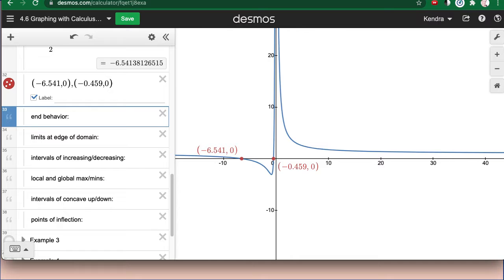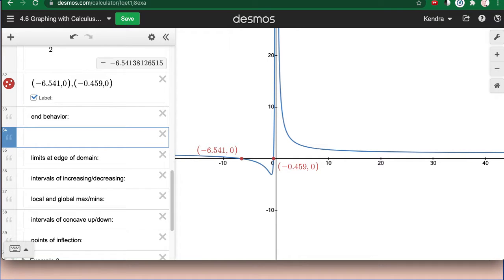So end behavior: the limit as x approaches plus or minus infinity is positive 1.